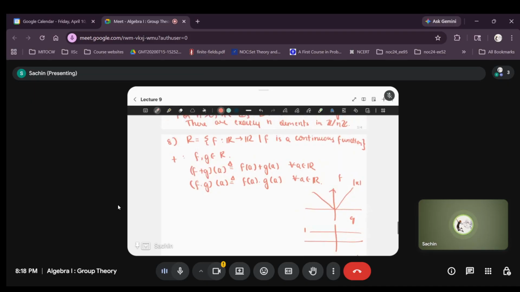Oh, it is continuous. It's not differentiable. It is equal to 0 at 0. Yeah, for continuity, we'll have to check that the limit of f of x as x approaches a is equal to f of a. Is that true? That we'll have to check. For the mod function, it is.